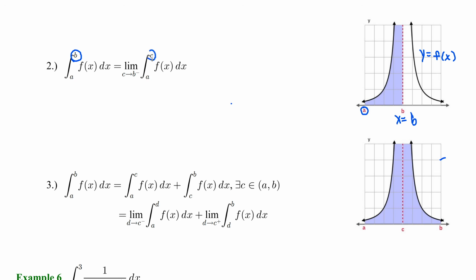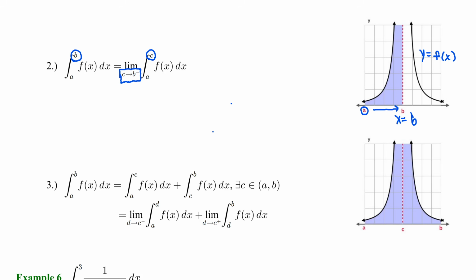Well, we're going to use a new placeholder for the upper limit of integration, and we're going to allow c to approach b from the left. So we are approaching that vertical asymptote from the left. Again, the limit operator gives us the necessary notation to correctly evaluate that integral.